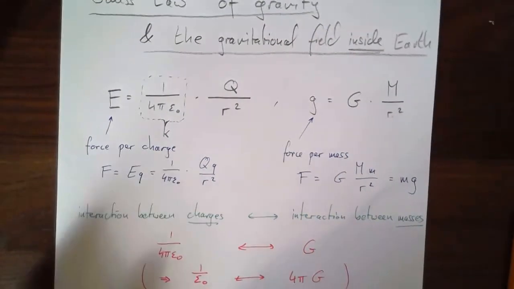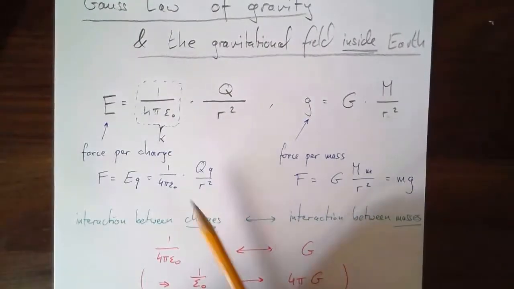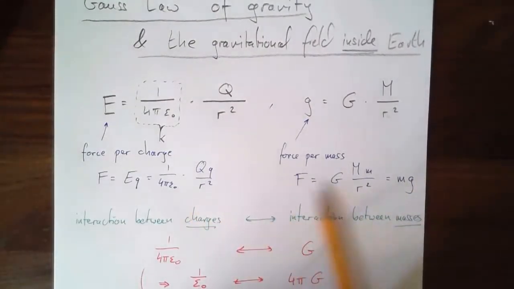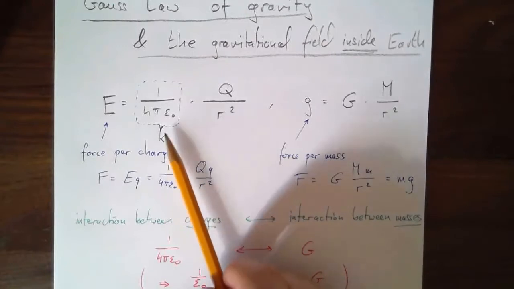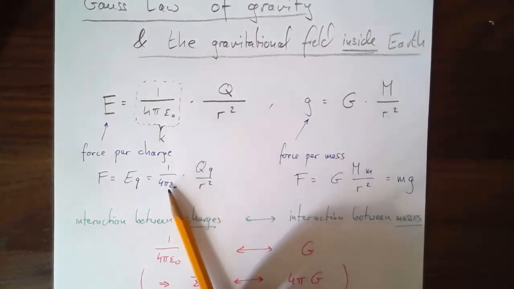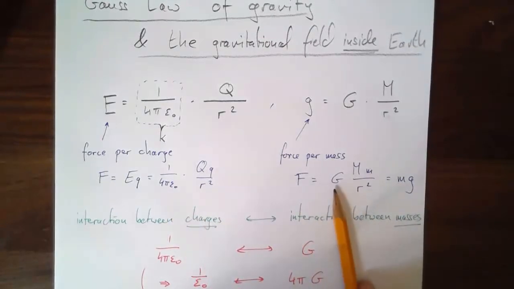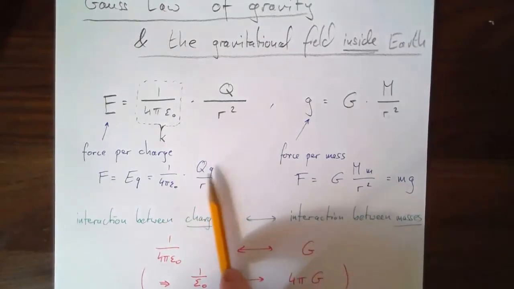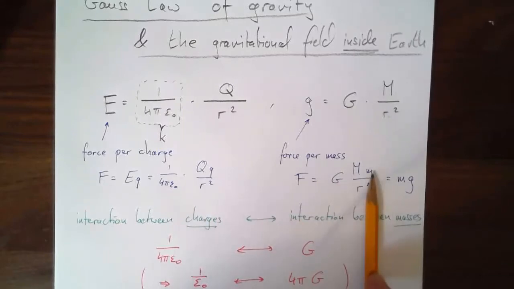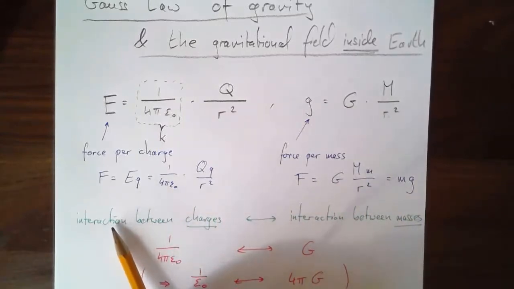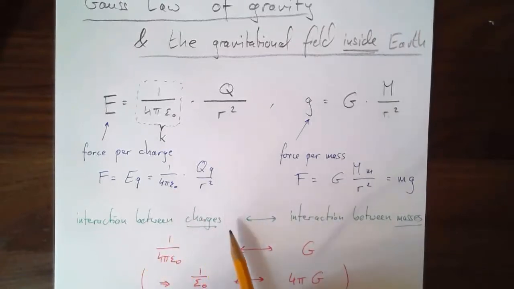So this analogy comes from the fact that both laws are essentially 1/r² laws. There's a constant. In one case we call it k, or 1/4πε0, but that's just rewriting the constant. In the other case we call it G. Then you multiply the two charges. Here you've got masses, right? Gravity acts between masses. Electrostatics acts between charges.